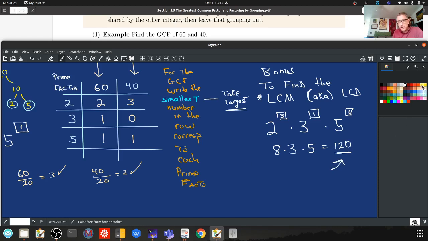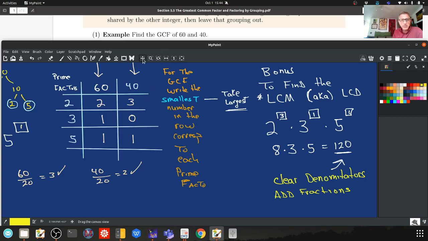And here's what I'm hoping everyone is saying: to clear denominators. That's one thing. The other thing is to add fractions. And those are very basic math skills. That's the reason I don't allow you to use a calculator. You need to know how to add fractions or subtract them, and you need to know how to clear denominators.